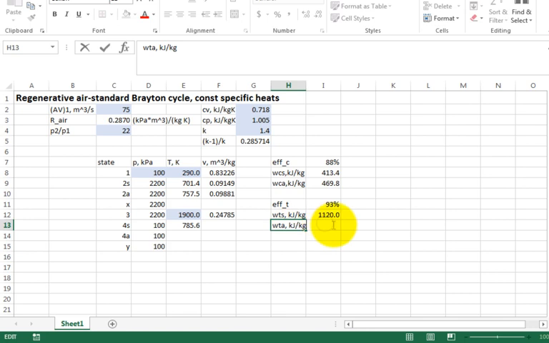And that actual work is this isentropic work times the 93%. So we get less out. We don't get 1120 out, we get 1042 out, kilojoules per kilogram.